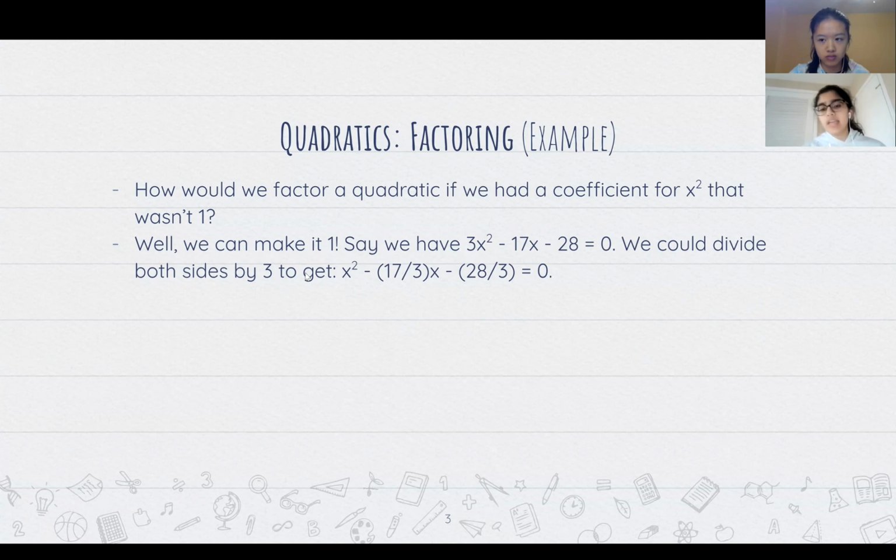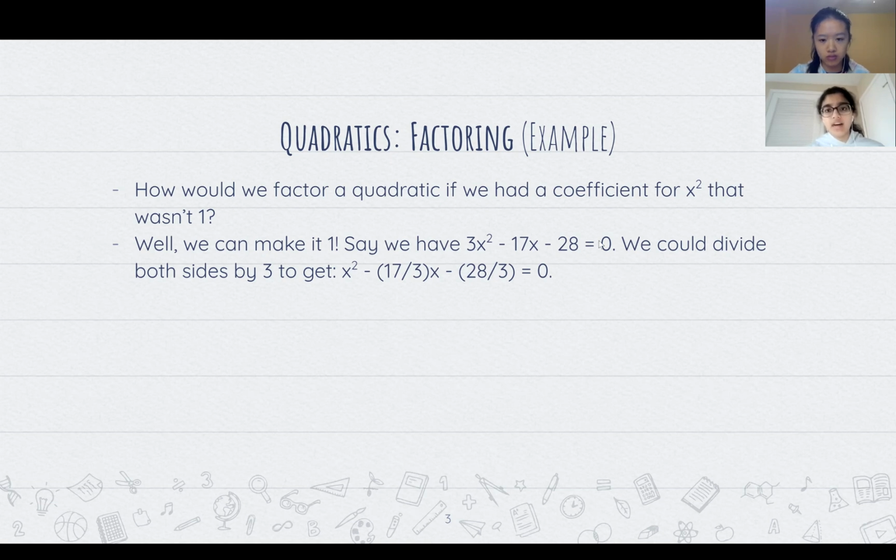So remember again, c is equal to the product of the factors, and b is negative 1 multiplied by the sum of the factors. So the sum of the factors is equal to 17 over 3.